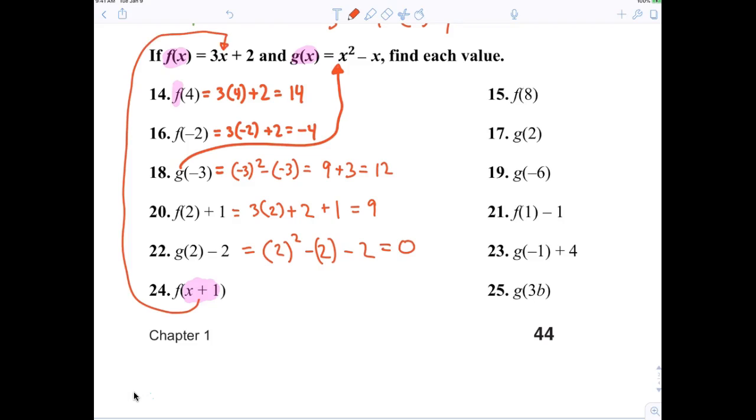So I want everybody to put down equals 3 open parentheses x plus 1 plus 2. Yes, we're going to end up distributing the 3, yes. But the first thing I wanted you to say was you replace x with x plus 1. Now when I distribute, I get 3x plus 3 plus 2, which is 3x plus what? 5. Make sure you're doing that.